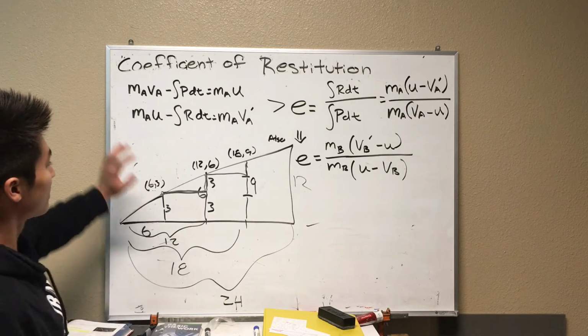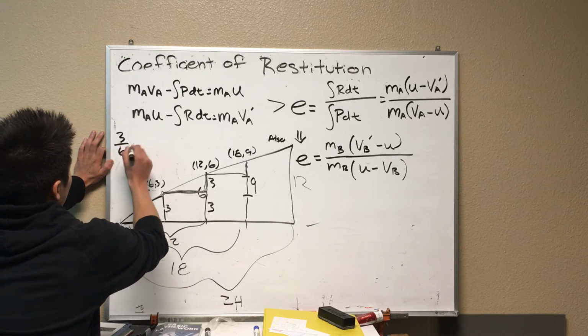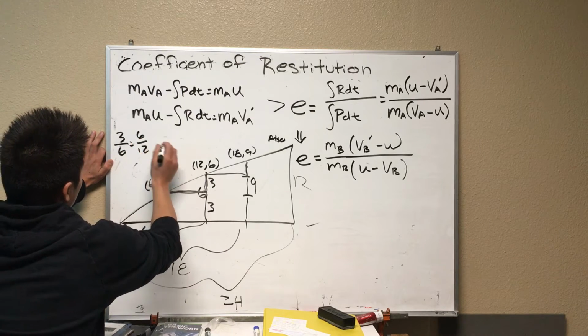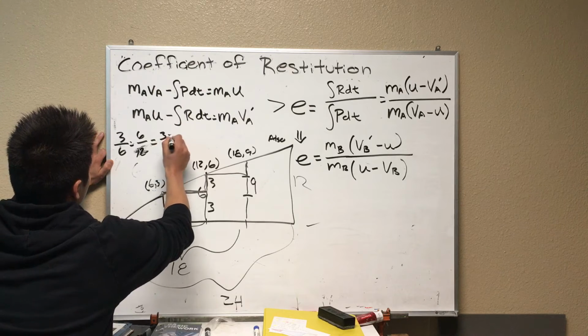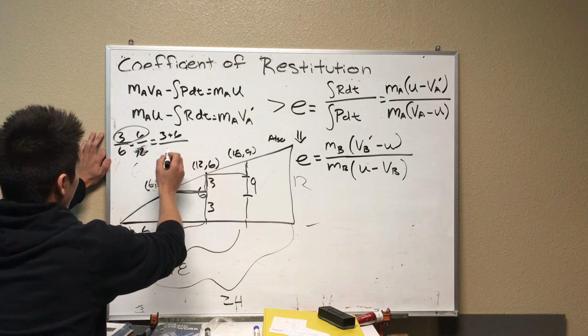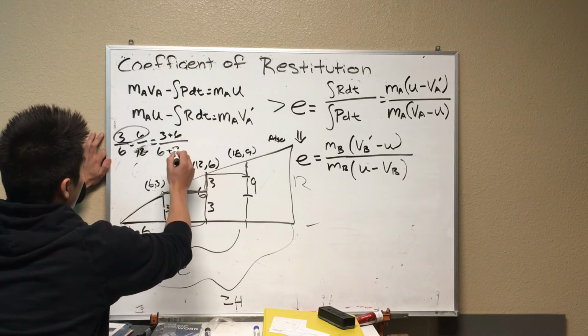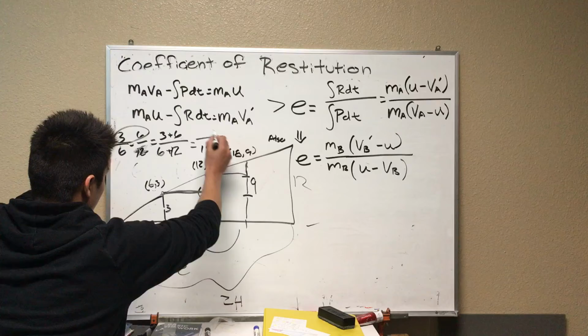And using this idea, so we could do 6 over 12. This is going to be the numerator plus the other numerator, and then 6 plus 12, and like that.